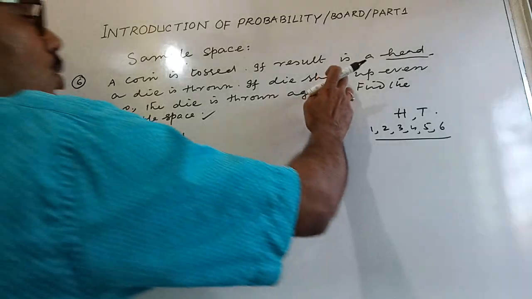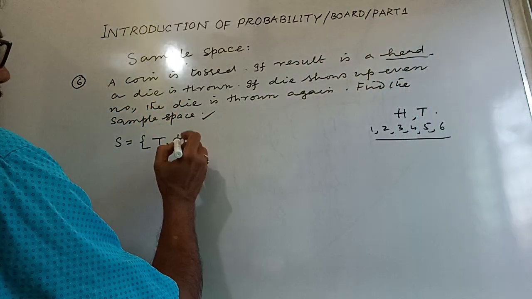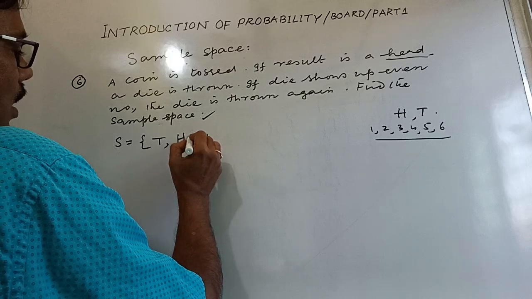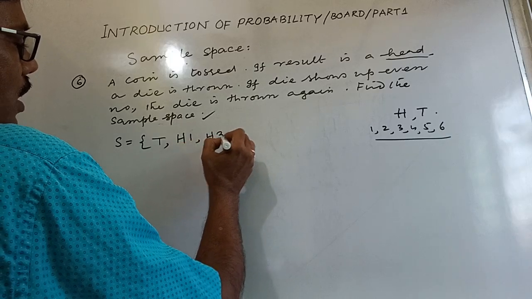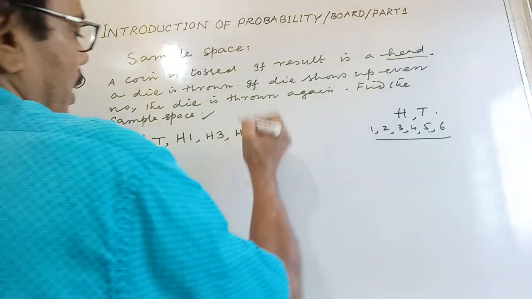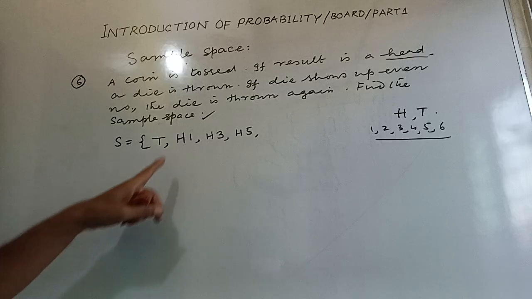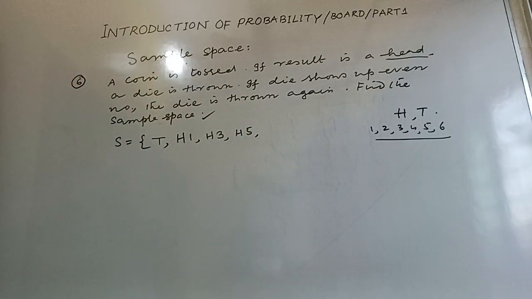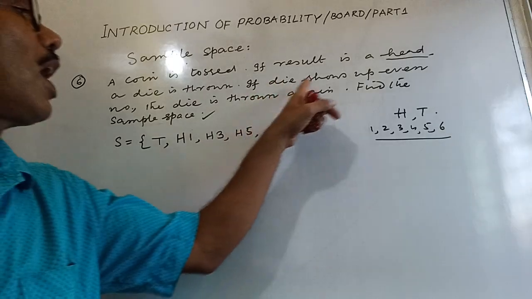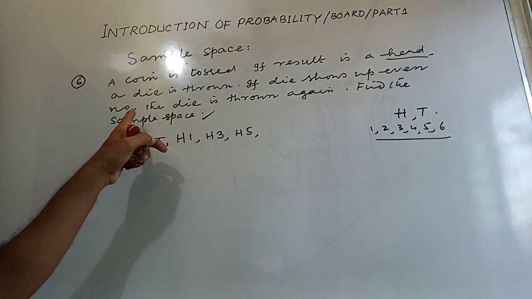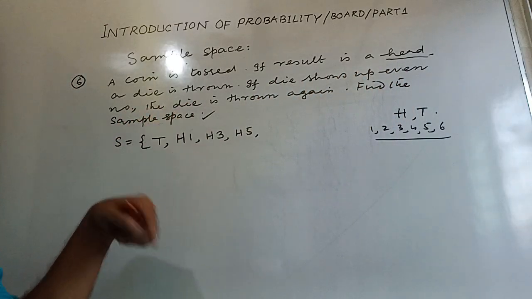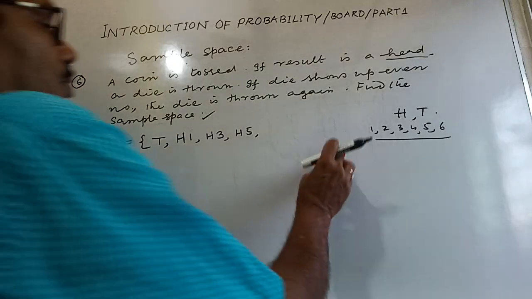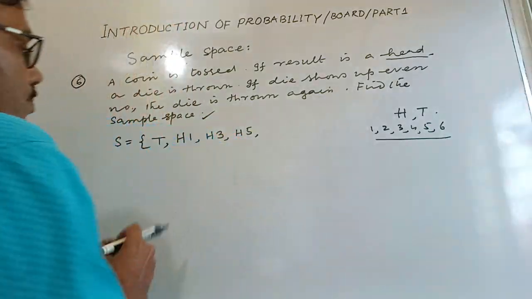If the die shows an odd number, say H1, H3, H5, it stops, because if it is odd, there is no further option. But it is given that if the die shows an even number, then again a die is thrown.